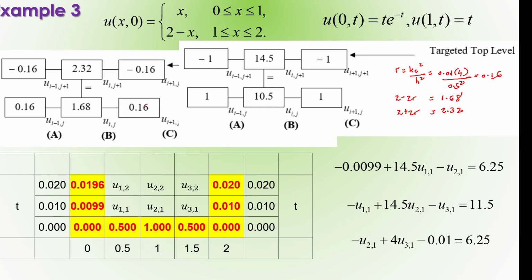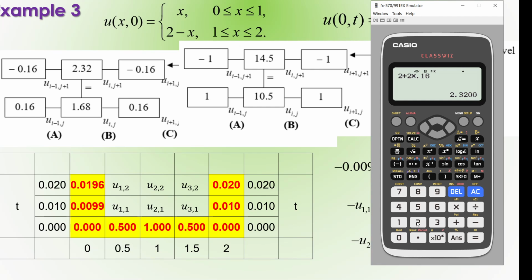So you can use this molecule, or on the right hand side, the difference is we divide by r. So that's why here you get -1, -1, +1, +1, so this one is 2.32 divided by r, which is 0.16.